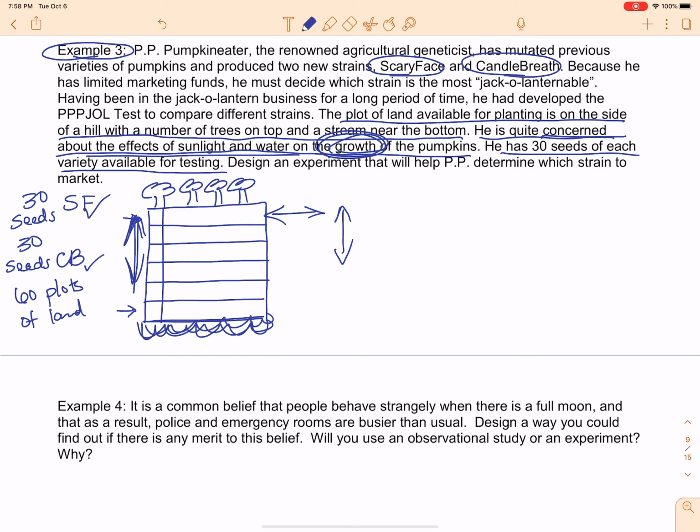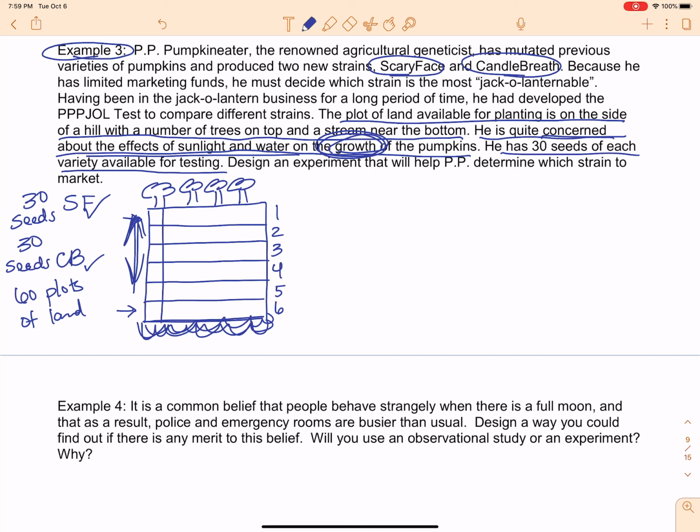So what we would want to do is block horizontally, because blocking horizontally indicates that all the land in a horizontal row will be roughly the same. So I'm just going to number these 1, 2, 3, 4, 5, 6. So I've got 6 rows.